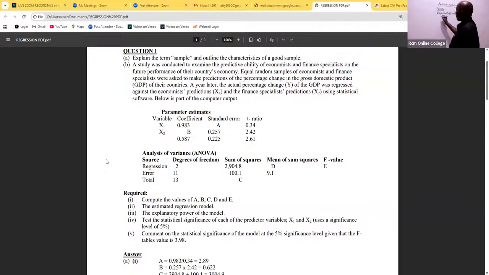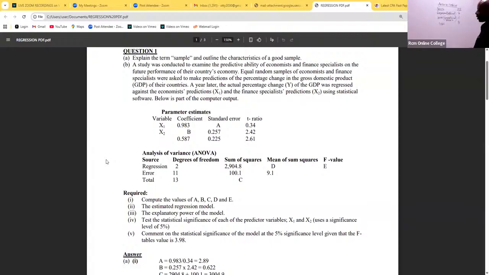And then we have the error source, which is what we also call unexplained variance. And then we have our totals here. And then we have what we are calling degrees of freedom. The degrees of freedom are 2 and 11, adding to 13.